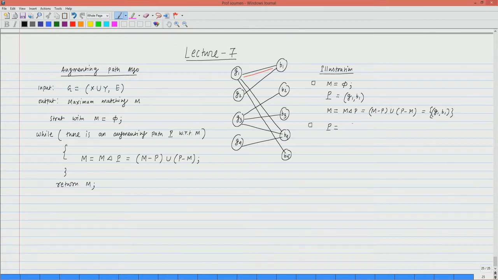So, this is an augmenting path, say B4 G1, then G1 B1, and then B1 G2.